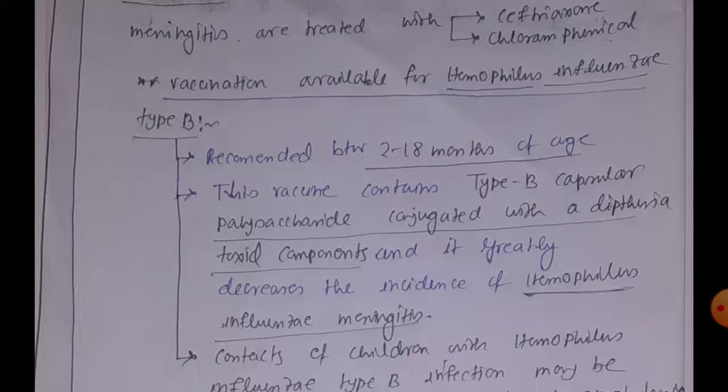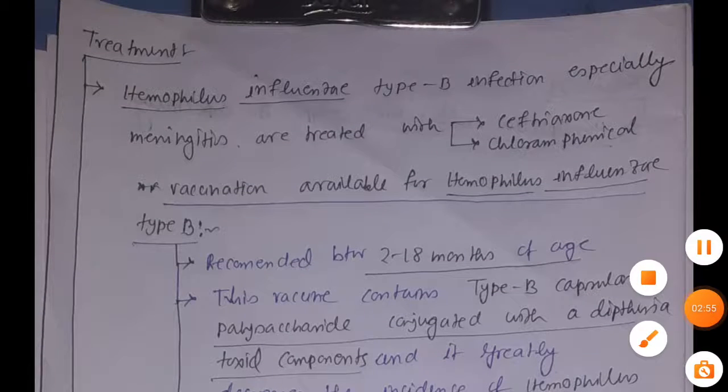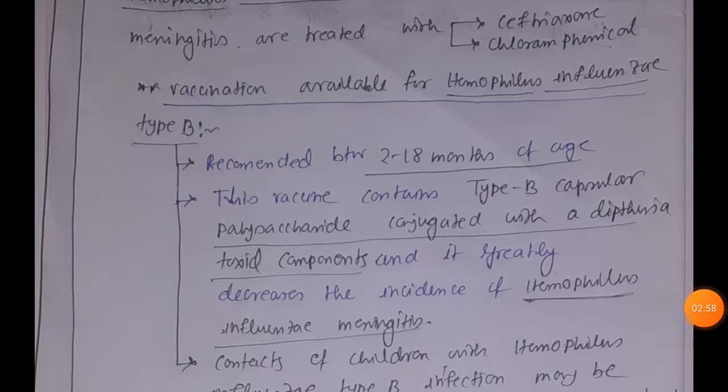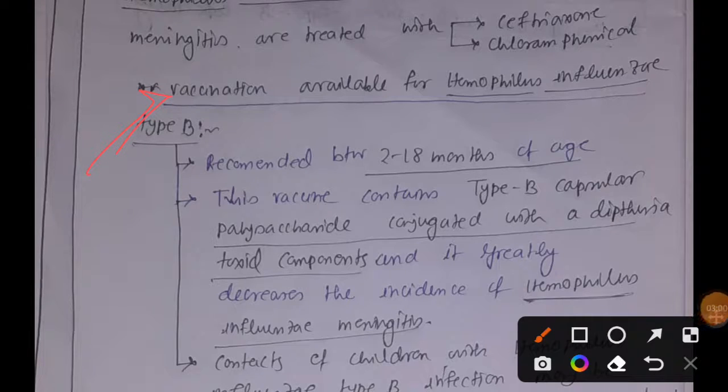Along with chloramphenicol and ceftriaxone, there are some vaccinations available. This vaccination is a solution containing type B capsular polysaccharide conjugated with diphtheria toxoid. It is not the toxin, it is toxoid.